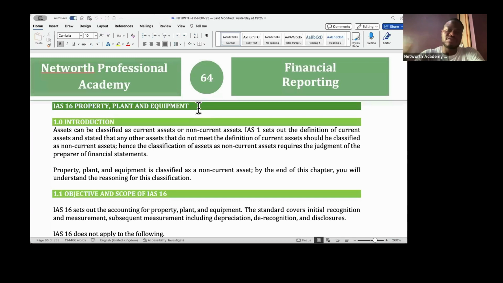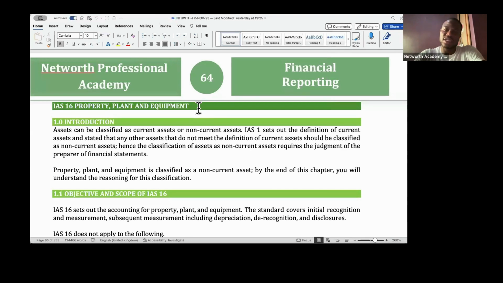IAS 1 defined a current asset majorly as an asset that is expected to be realized within 1 year, meaning it's an asset that you are going to make money from within 1 year.